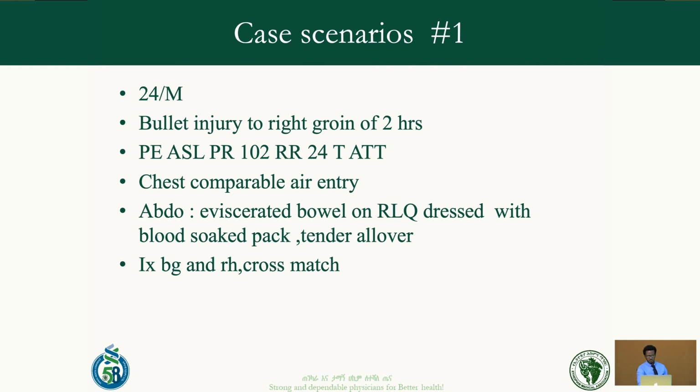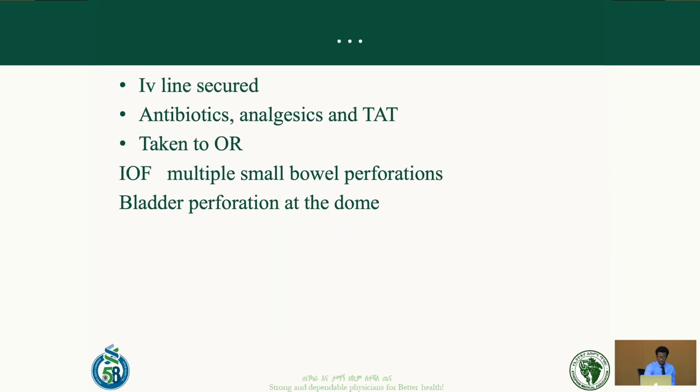Abdomen, he has eviscerated bowel on the right lower quadrant, dressed with a blood-soaked pack, and he has tenderness specifically on the right lower quadrant. We determined the blood group, RH and cross-match prepared, and IV line secured immediately. Patient catheterized, antibiotics initiated, analgesics and TAT given, and we took him into the OR immediately.